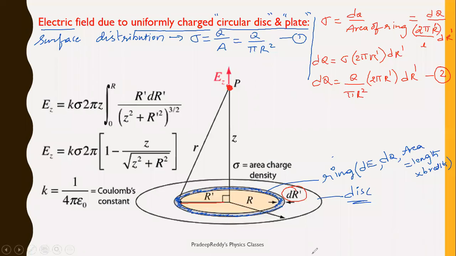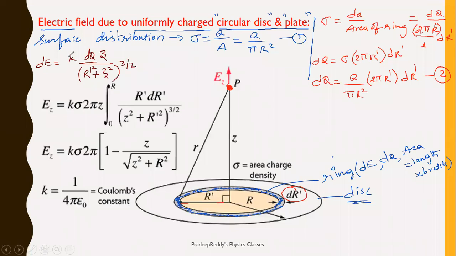We already calculated the electric field due to a ring. What is its value? Electric field due to ring, that is dE, is equal to K into its charge, dQ, divided by the separation: Z divided by (r dash square plus Z square) whole power 3 by 2.